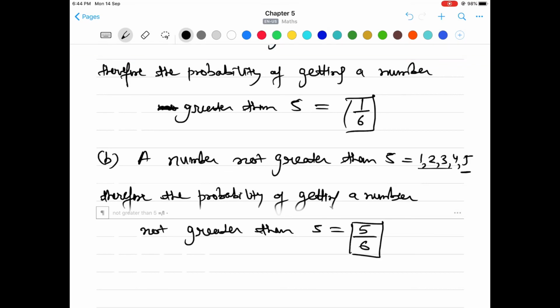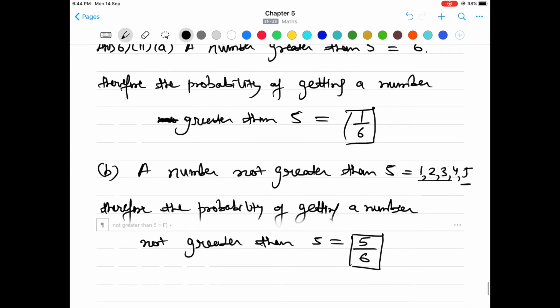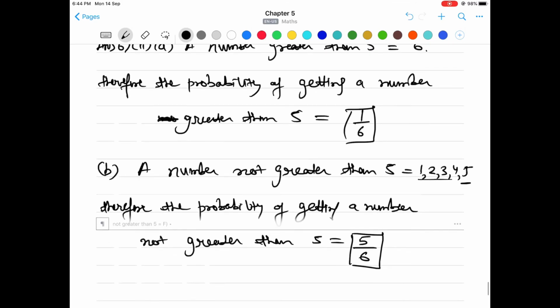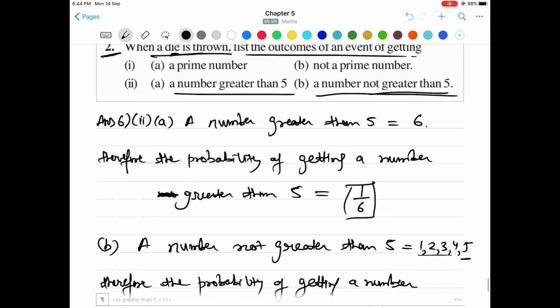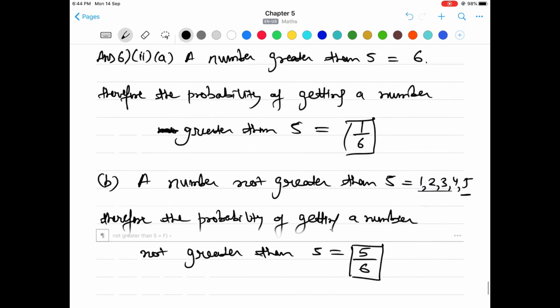Hence the probability is 5 by 6. So that's the answer to part B of the second part of question number 6.